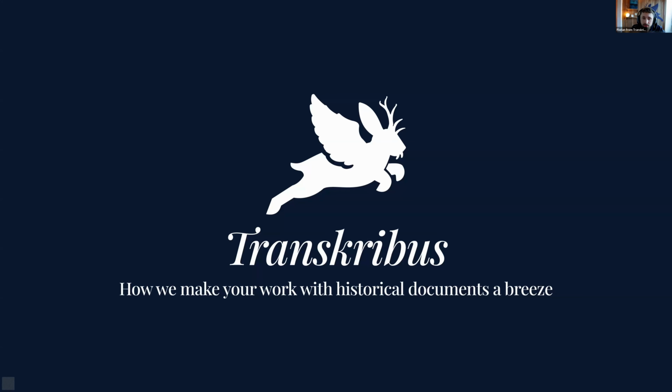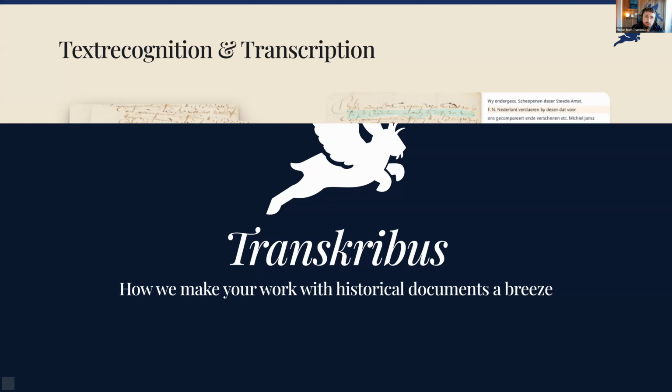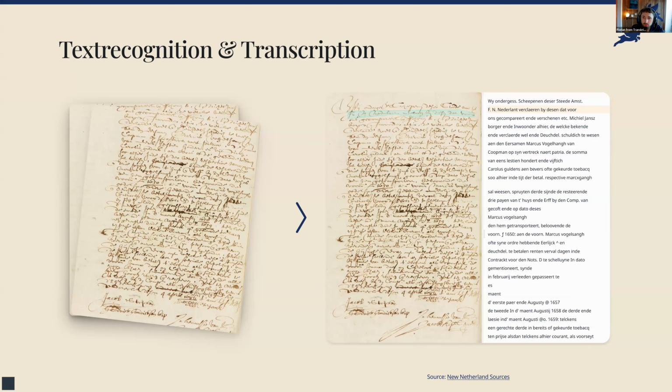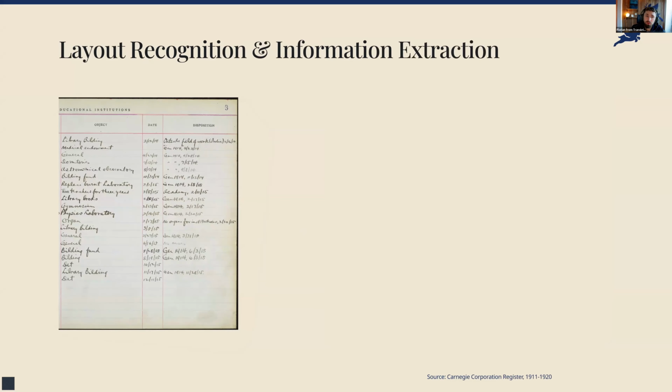But how do we make working with historical documents and especially tables like a breeze? With Transkribus, it has become significantly easier than years before to recognize handwritten text, but also tables.